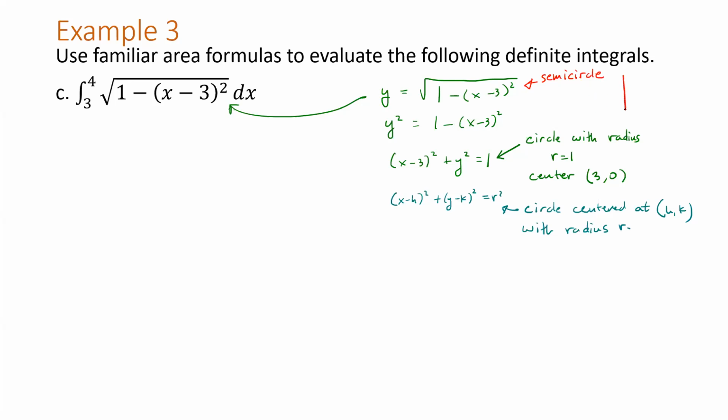It's centered at 3, 0, and it's got a radius of 1, about 1 from either direction. So that's what the curve looks like, right? It's a semicircle centered at 3, 0 with a radius of 1.